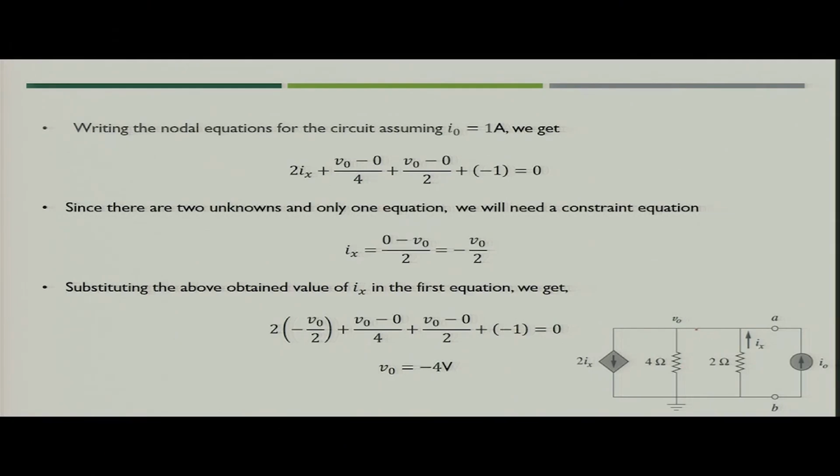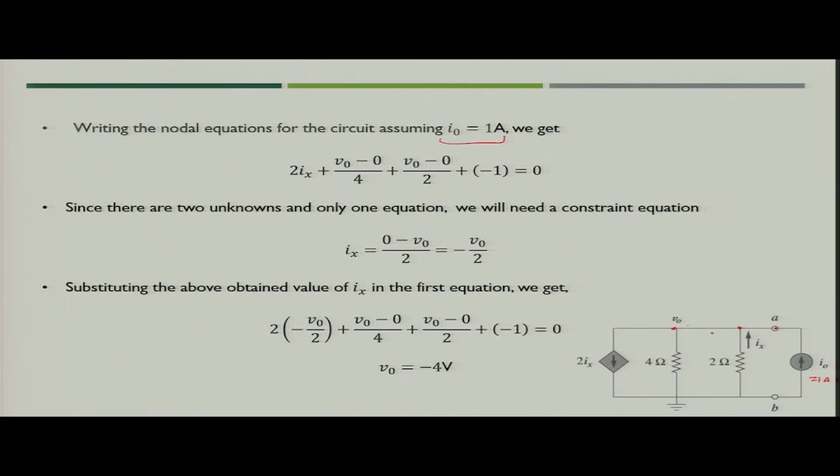So, let us apply the nodal equation while putting the value of I naught as 1 ampere. Now, if you see this node, whether this is A or this node, all are at the same potential. So, eventually this will be considered as a single node.